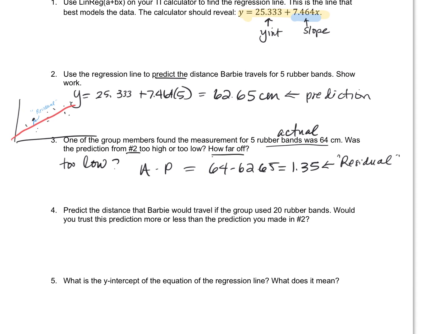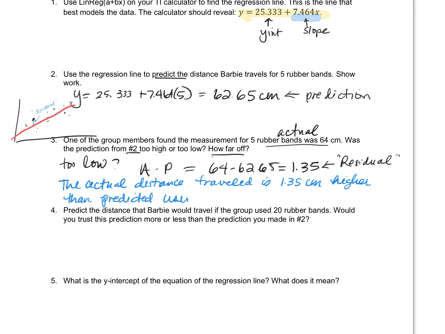So if I were interpreting this, I would say the actual distance traveled is 1.35 centimeters higher, because it's positive when I subtracted, 1.35 centimeters higher than predicted using the least square regression line, and we definitely abbreviate that, LSRL. So it's just a good reminder that line is just a predictor. It's not gospel truth.